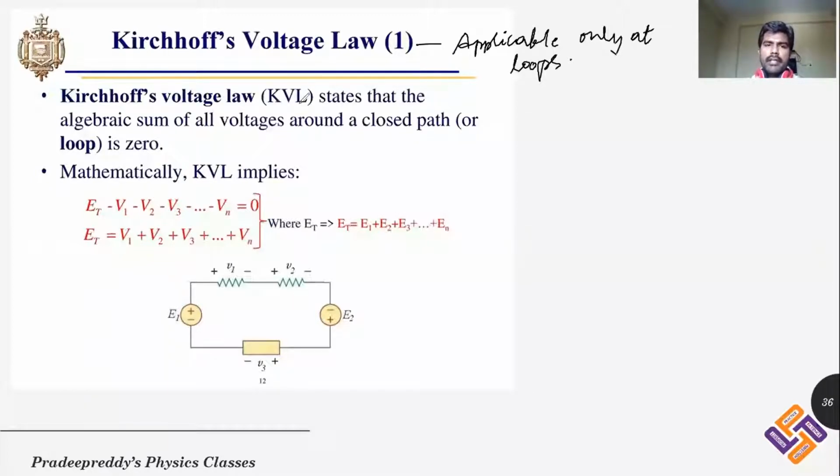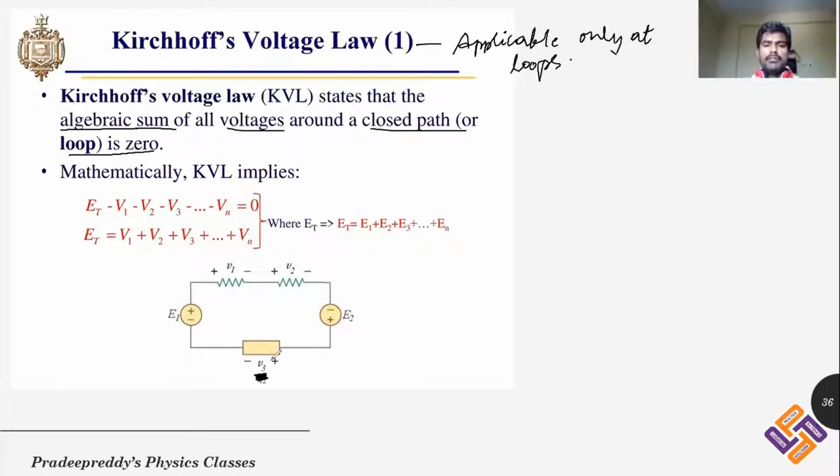Kirchhoff voltage law states that the algebraic sum of all voltages around a closed loop is 0. Around a closed loop, the total net algebraic sum of the voltage will be equal to 0 within this closed loop.